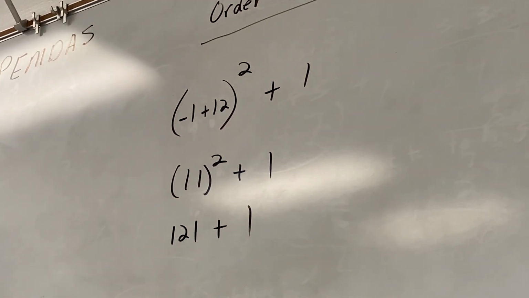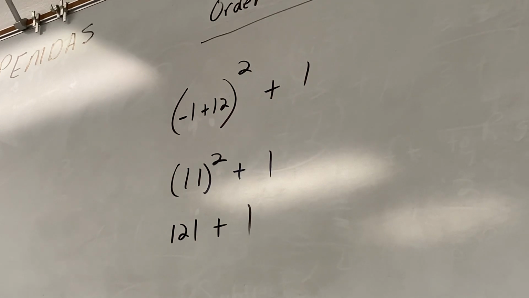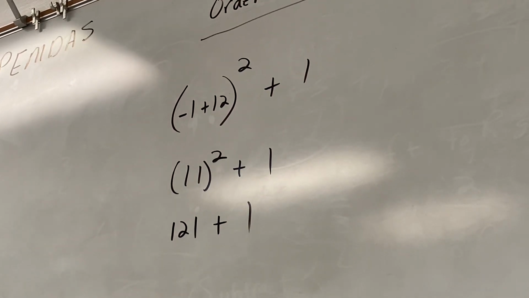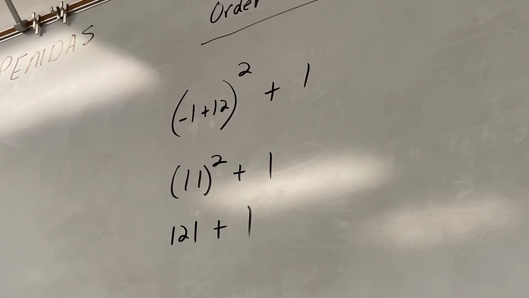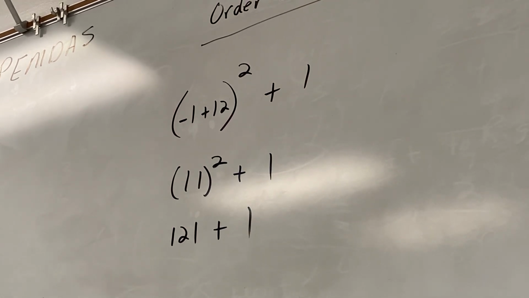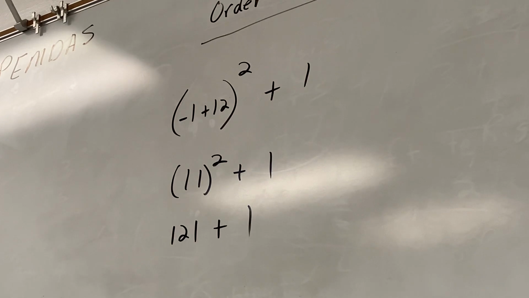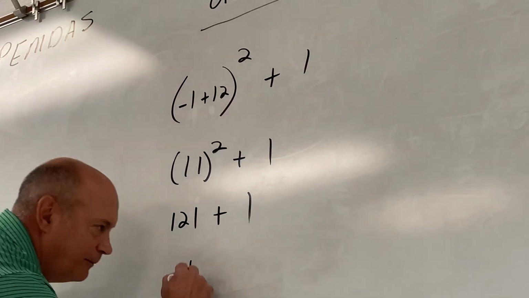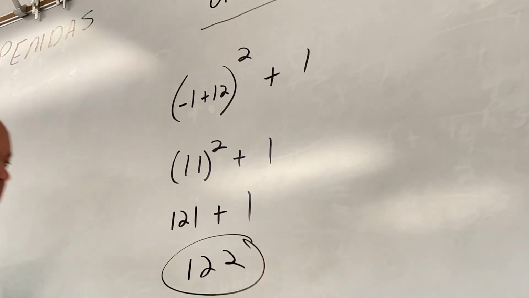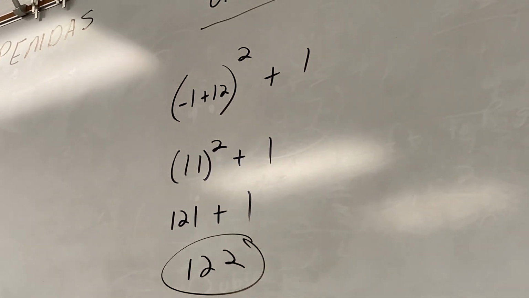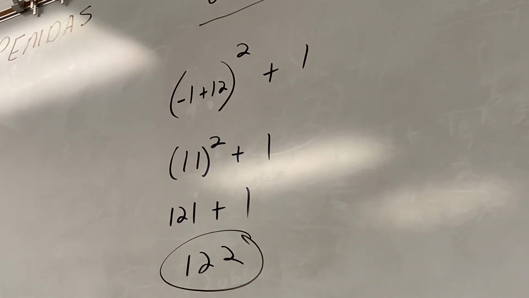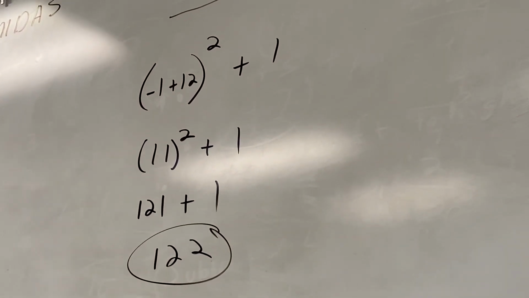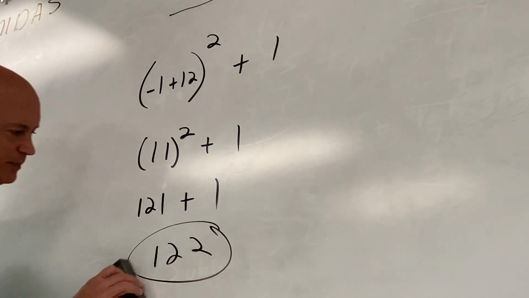What's 121 plus 1, Jonathan? 122. Okay, questions on that? That is the type of problem you may see later in algebra or algebra 2. Learn it now, it won't be a problem then.